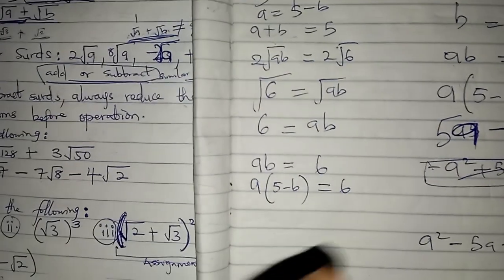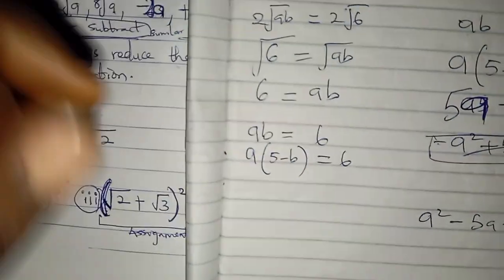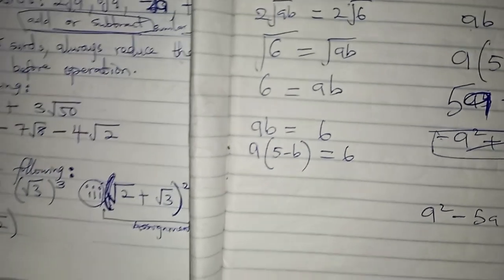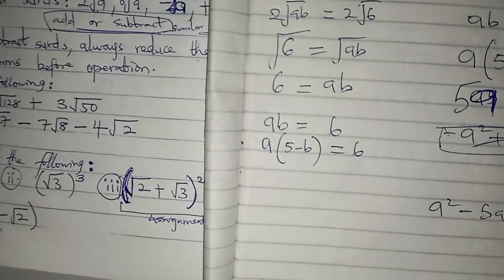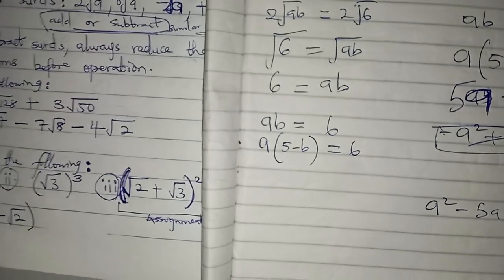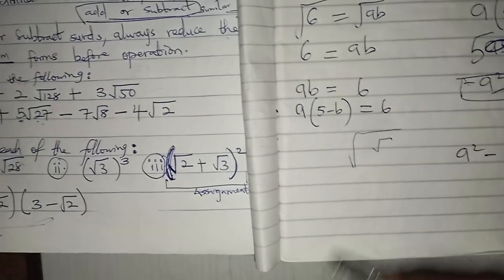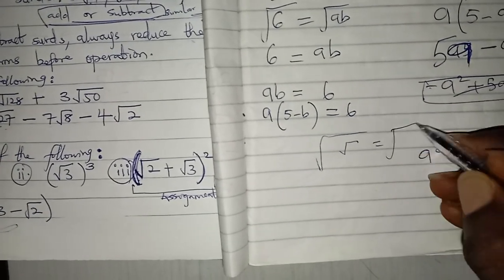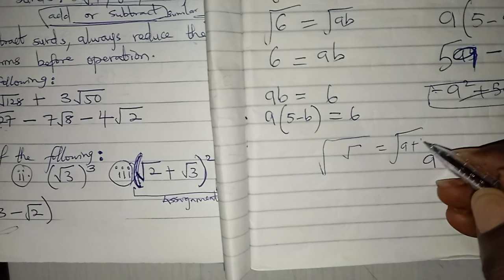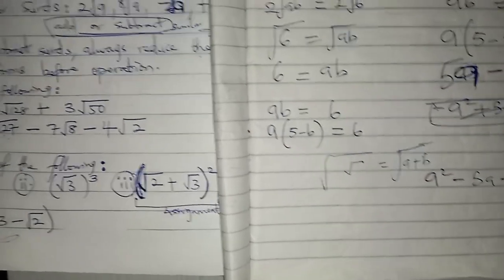Just like when you are doing complex numbers, anytime you see a negative number inside the roots, you use methods of complex numbers. So whenever you see a surd inside another surd, you use this approach of saying let it be equal to root a plus root b. That's taking the roots too.